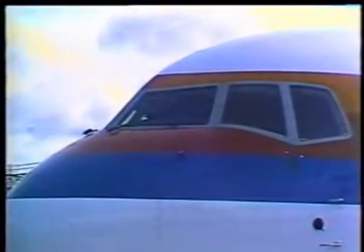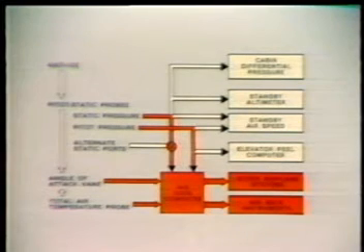Total air temperature probes in front of the pilot windows convert air temperature into an analog signal also used by the air data computers. The air data computers use these three basic inputs, pressure, temperature, and angle of attack, to calculate the air data parameters. These parameters are sent by ARINC 429 buses to systems throughout the airplane.